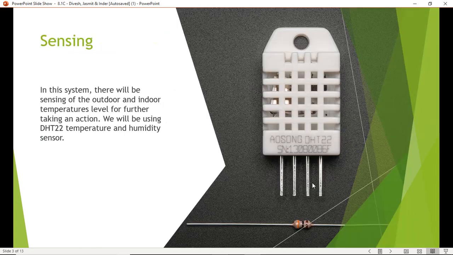Here we used a DHT22 temperature sensor. We are going to use two temperature sensors. One is for sensing the temperature outside the house. Another one is for the temperature inside the house.